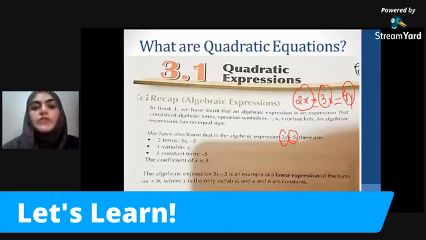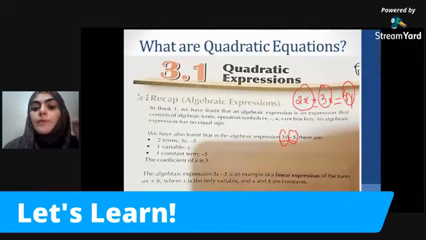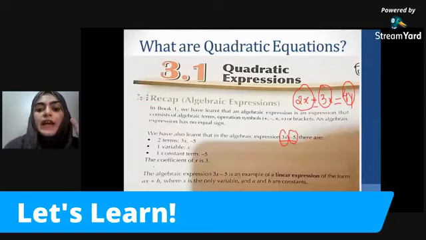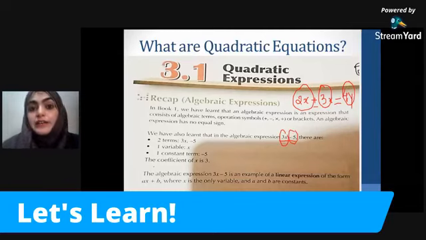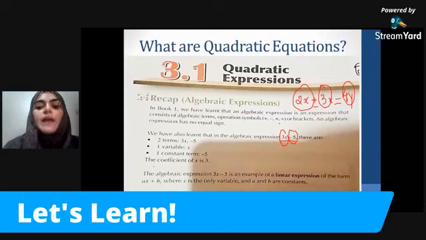A constant term is a term that is just a proper number, with no variable attached to it. If you see, 3x is known as a term, minus 5 is also a term, but minus 5 is said to be a constant number because it is just a number, whereas 3x has a variable attached to it. If you search the word constant in the dictionary, it means something which is the same. Minus 5 will remain the same, but 3x will not. If I find the value of x and multiply it by 3, the value of 3x will change, but this will not happen with minus 5.